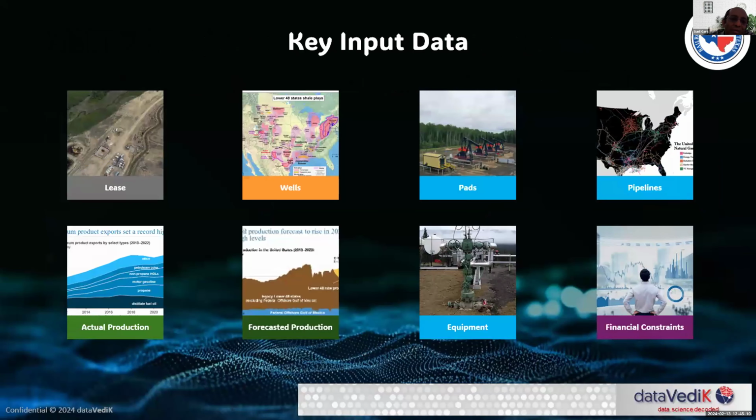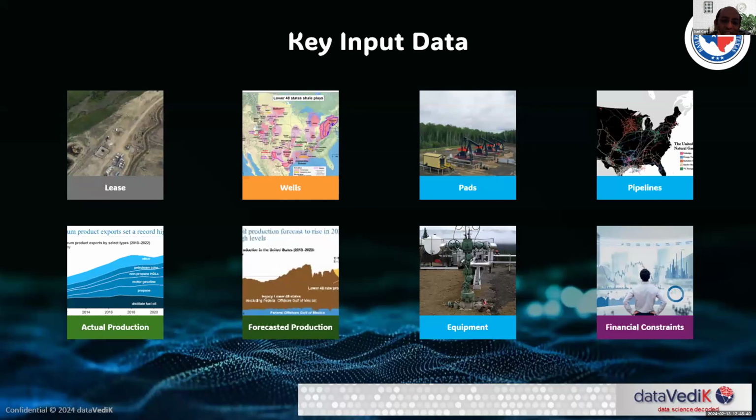The key input data that you need in order to come up with that budget, right? There is a process that you need to come up with, and for that process, you need a lot of data. I put some primary key input data types here, including the lease related data, the lease contracts, the wells, the details of those wells, the pads with which the wells are associated, pipelines and other facilities that are connected to those pads, production data, and greenhouse emissions data.